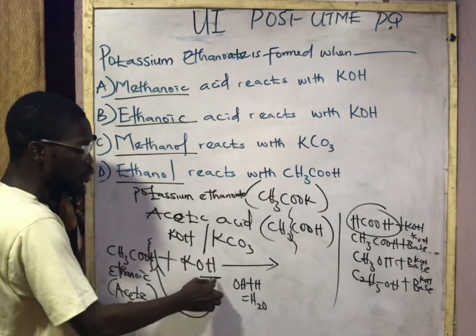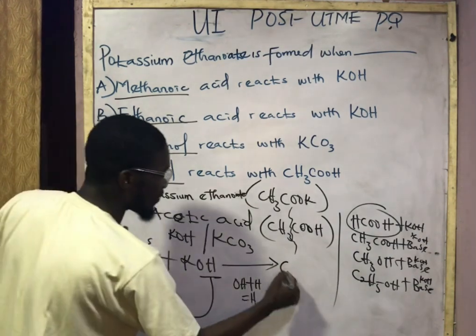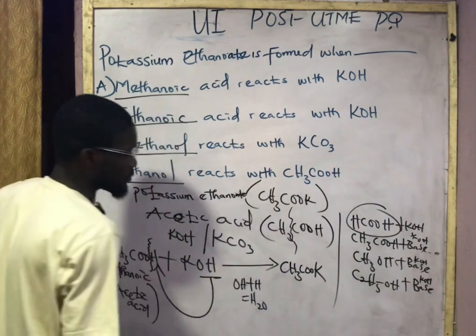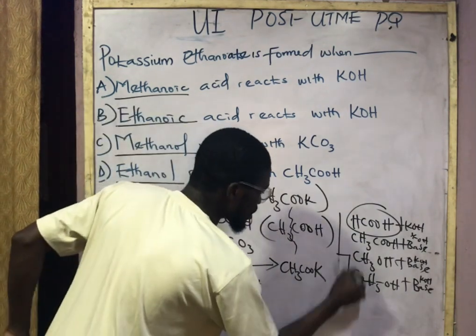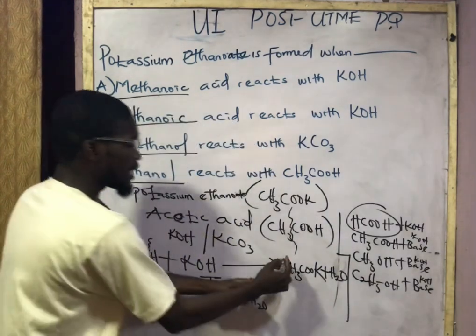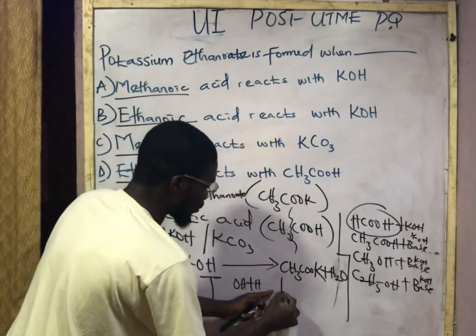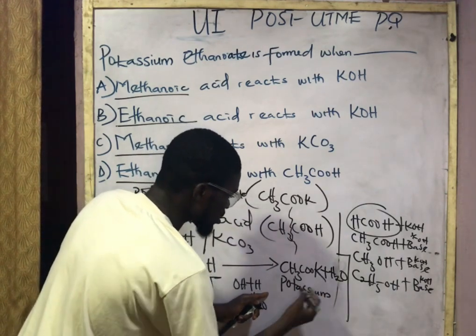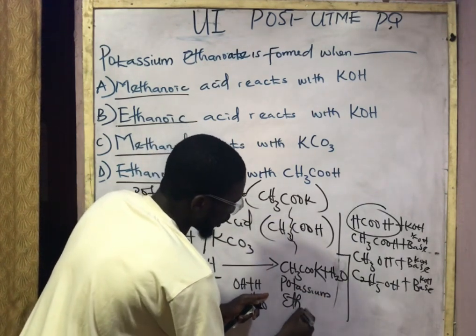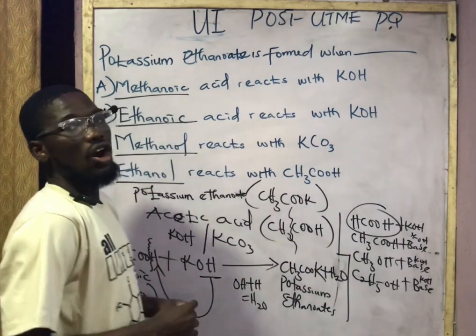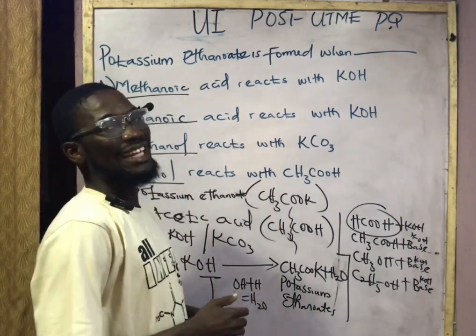So I can say that I have CH3COOK plus H2O. The first element is potassium, and this we call ethanoate, or we call it potassium acetate.